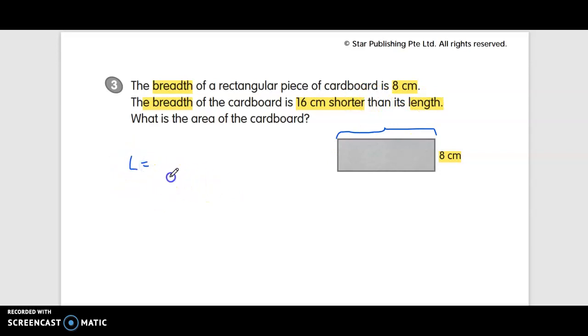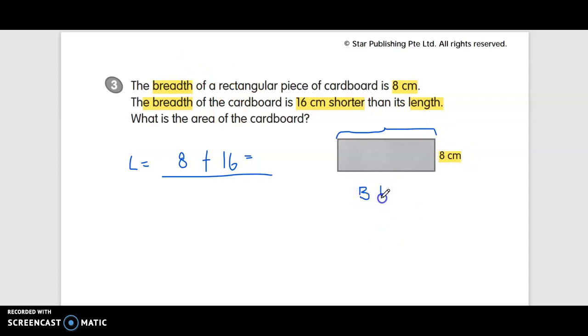So how do we find the length? If the length is longer, and this is 16 cm shorter than the length, how do we find the length? Even though it says shorter, the length is actually longer, right? So we need to plus 8 plus 16. I'm going to use a model to help you understand a little deeper.